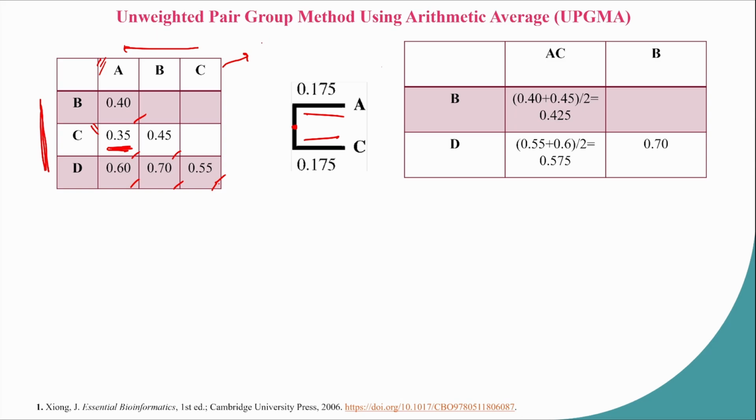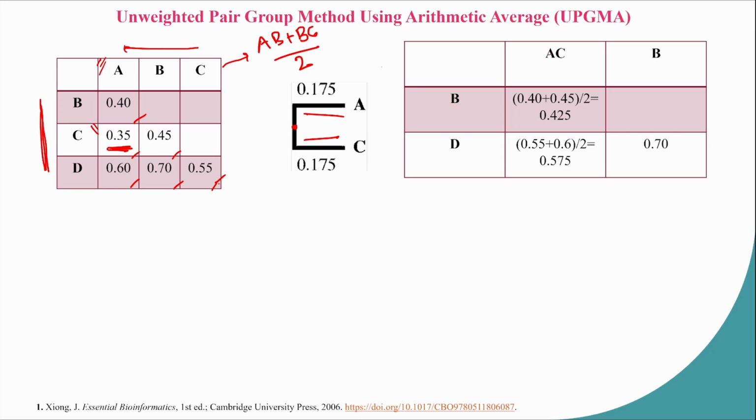It calculates as AB plus BC divided by 2. Okay. So each of the components of this unit, basically A and C, what was their original distance from B?